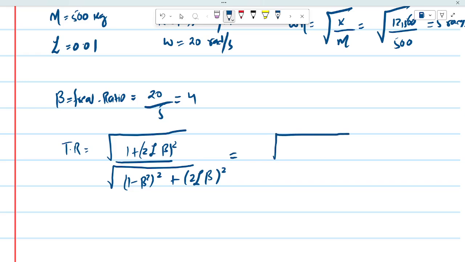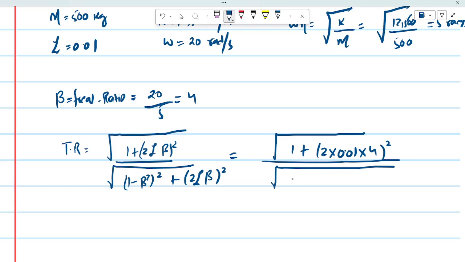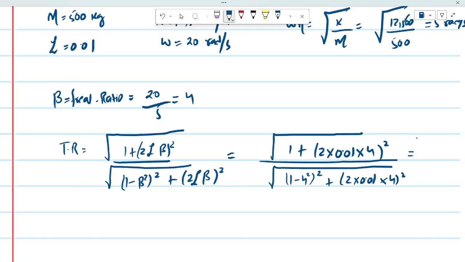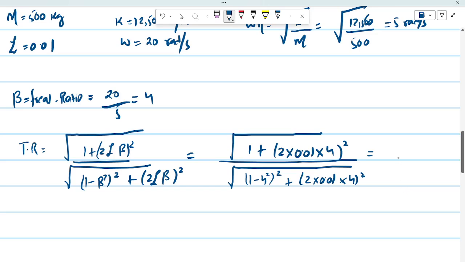That becomes equal to 1 plus (2 times 0.01 times 4) squared, divided by (1 minus 4 squared) squared plus (2 times 0.01 times 4) squared, and that makes up 0.0669.